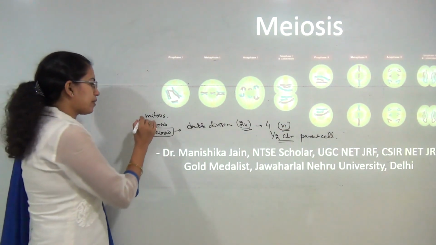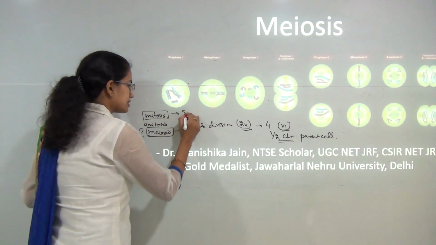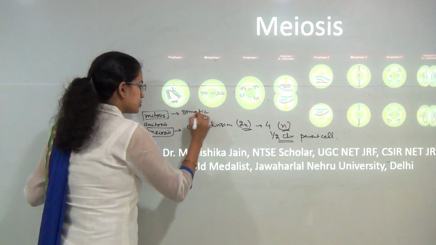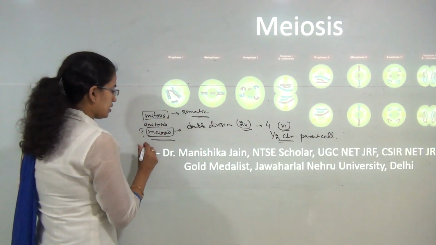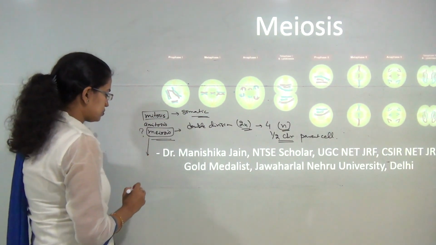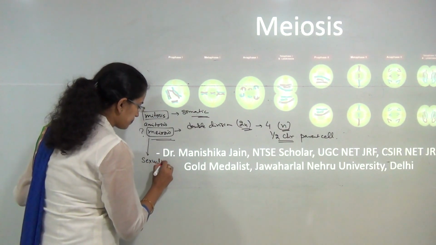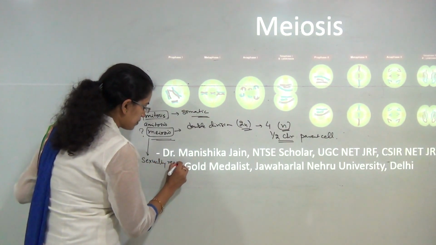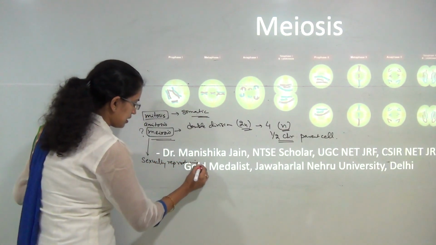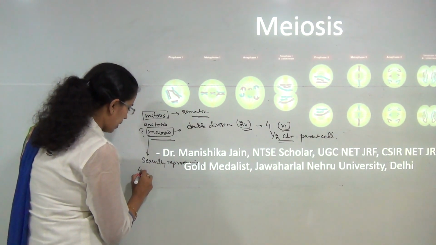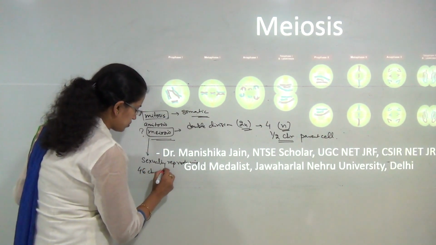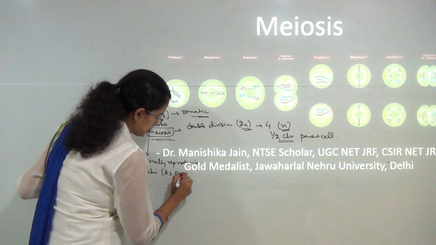We already know mitosis we use in somatic cells. Now why do we use meiosis? Meiosis is primarily used in cells which are sexually reproducing. So let's say we talk about human beings, you have 46 chromosomes or 23 pairs of chromosomes.